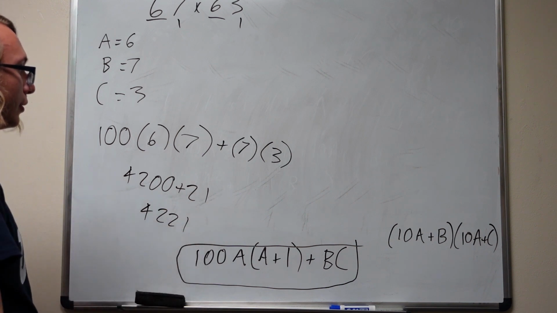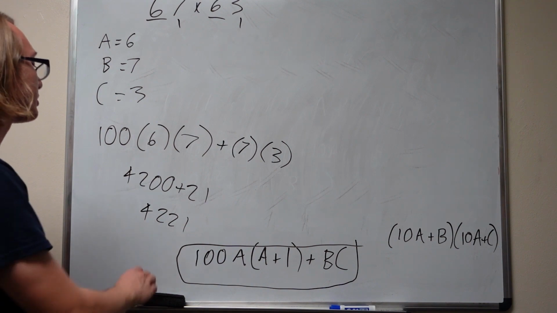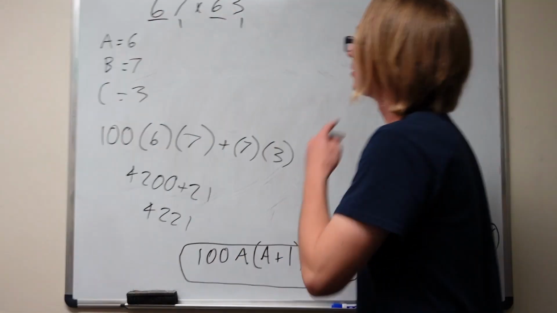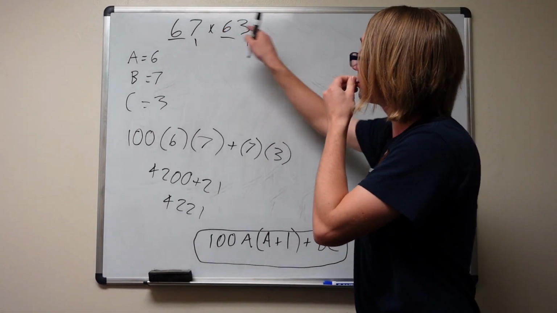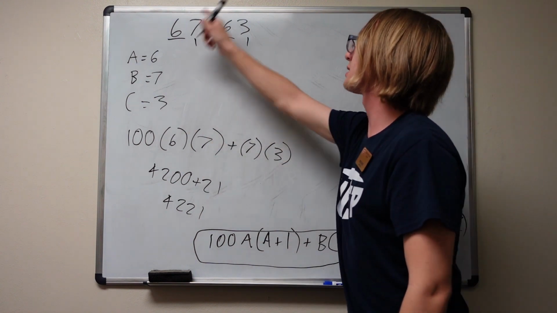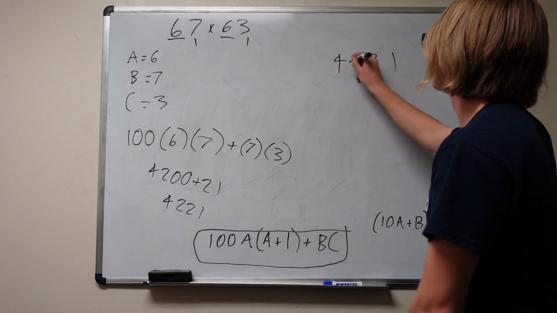But what if we have the formula memorized? Then all we need to do is remember the process. So in this case, all we do is multiply the ones digits, so 7, 14, 21, write it, and then 6 times the number after 6, which is 6 times 7, which is 42.